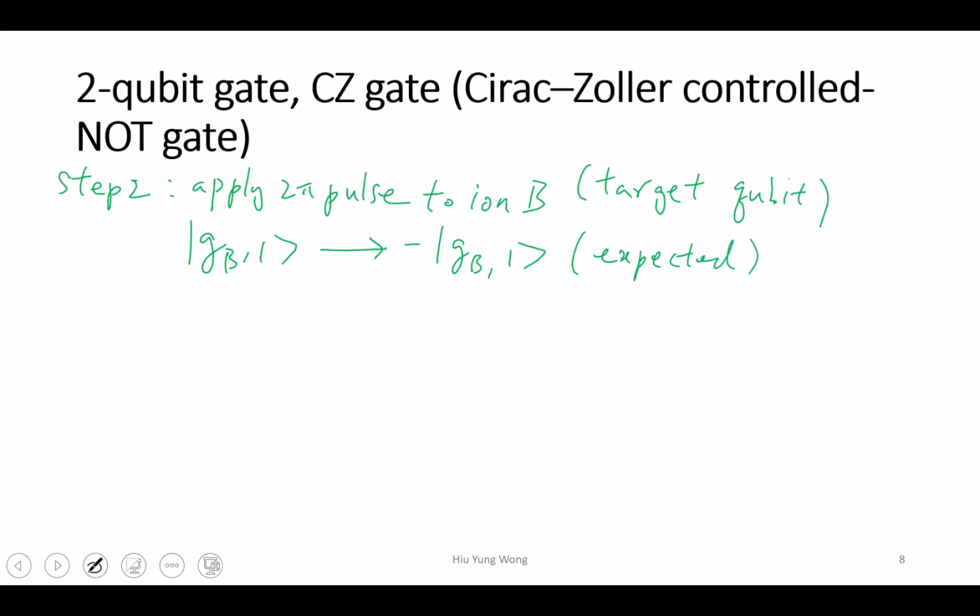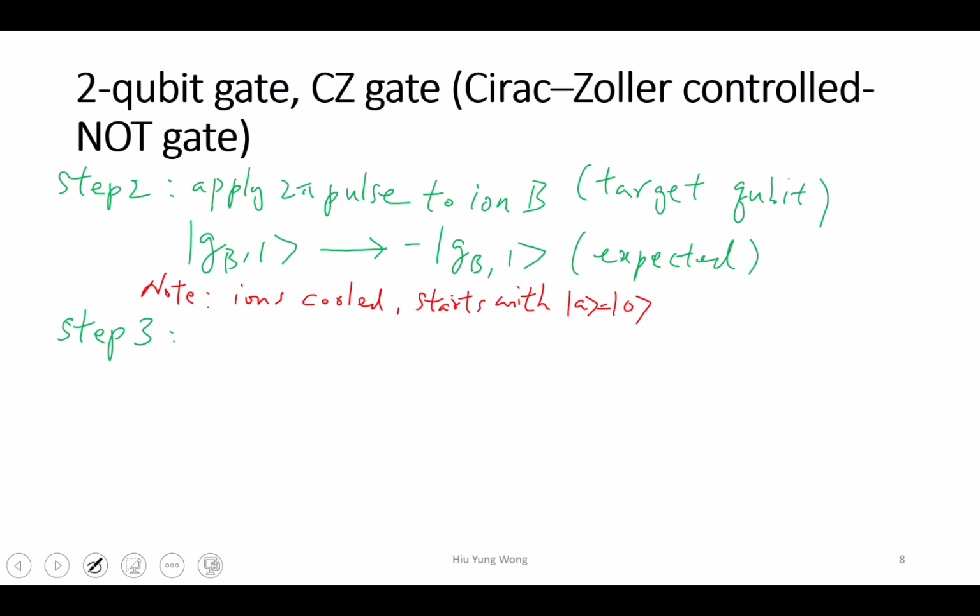But then we need to bring in step 3. But here I should give a note, right? Your ions are cool. So you should start with A equal to 0, no phonon at the beginning. There should be no phonon because it's very cool, right? Then how can I get 1?